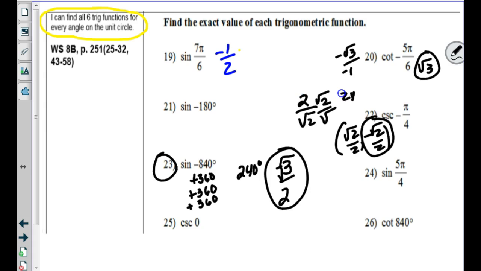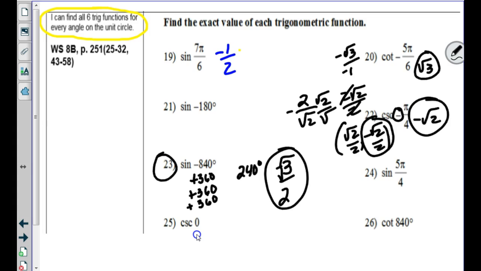Get 2 root 2 over 2, which reduces to root 2. But what was the sign on it? Yeah, so it should be negative root 2. Because it's y value, right? Am I wrong? On the pi over 4, yes. We're in quadrant 4, okay?